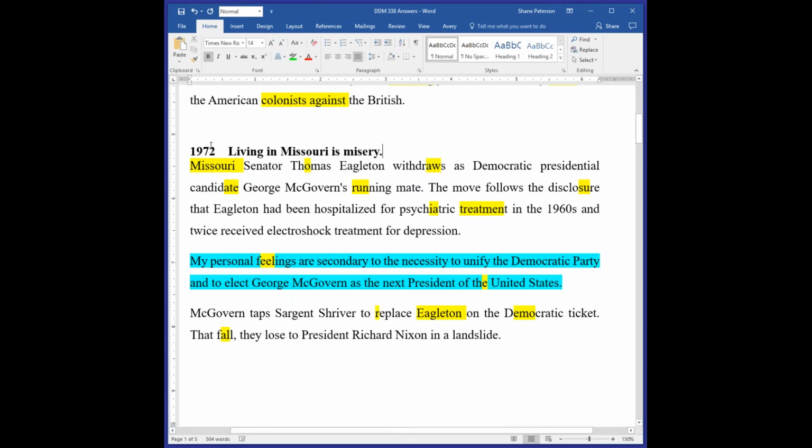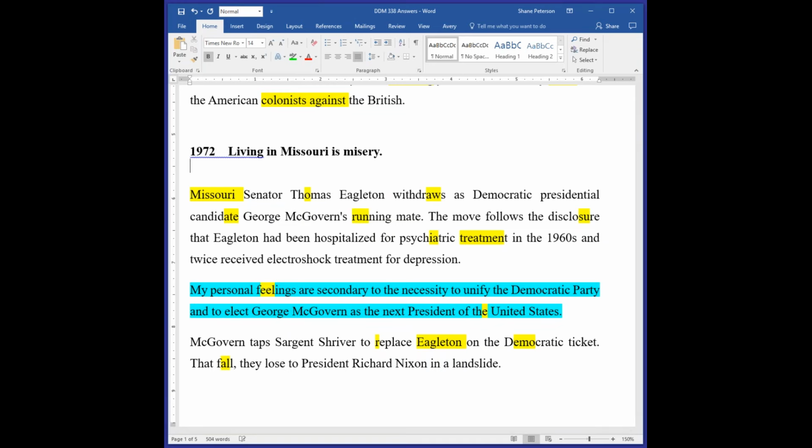Try this. Living in Missouri is misery. Okay, so this is tough.